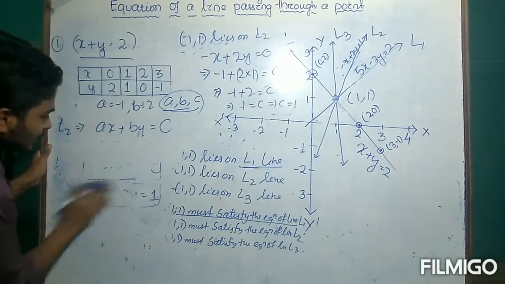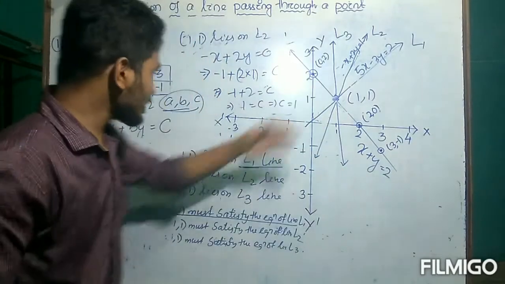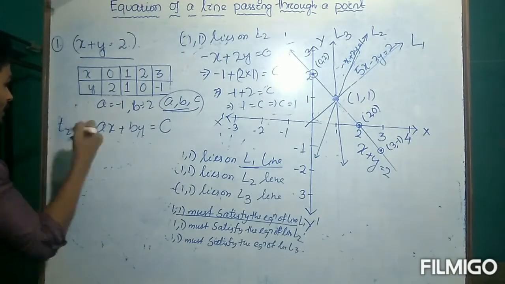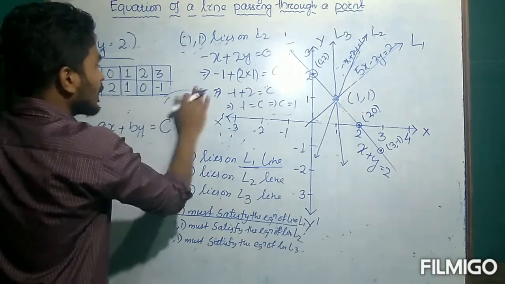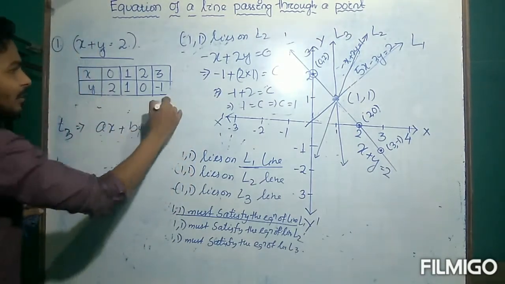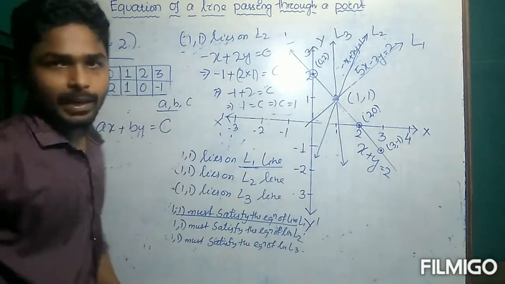How? Since the line L3 is also a straight line, it must represent a linear equation in two variables, ax plus by is equal to c. Here also we have to find the values of a, b and c. But you can take any value for a and b.